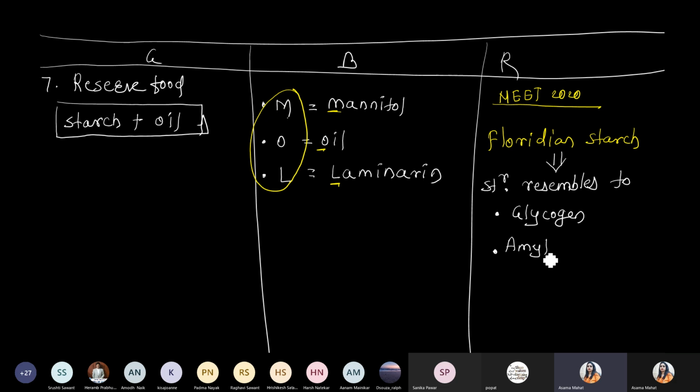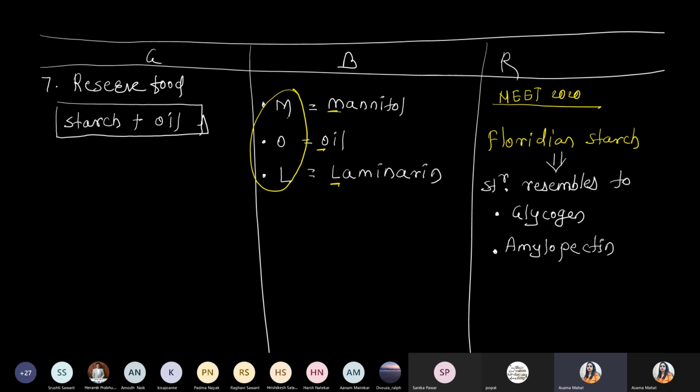Amylopectin is one structure of the starch. Amylopectin, alpha amylose, beta amylose, remember, are associated with the structure of starch. We are talking about storage form: glycogen is the storage of animals, and amylopectin is the storage form in plants, right?